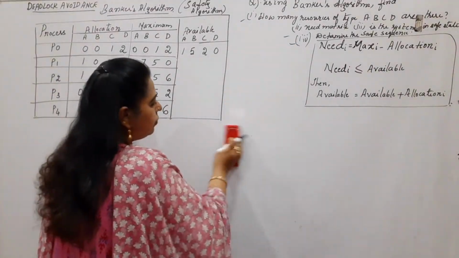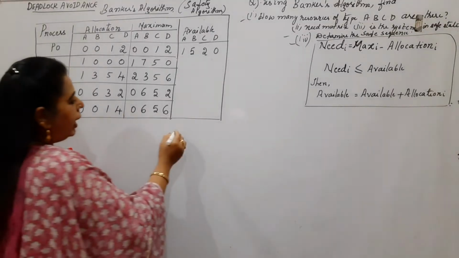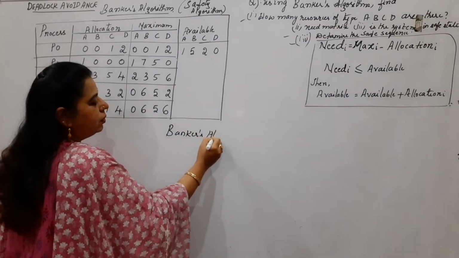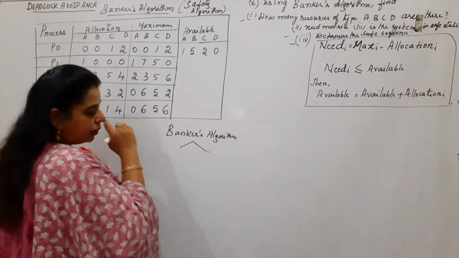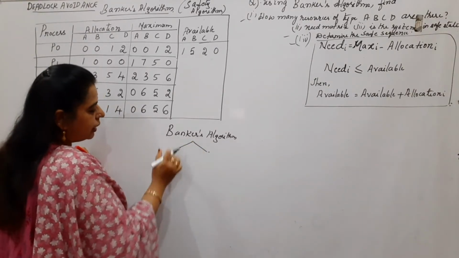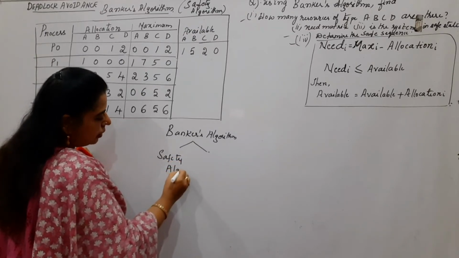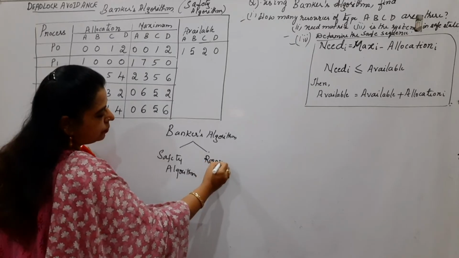Now we'll start working on the numerical. First I'll explain what is given in the problem statement. Moreover, I wanted to tell you that under this Banker's algorithm, there are two different algorithms. One is the safety algorithm. The other one is the resource request algorithm.